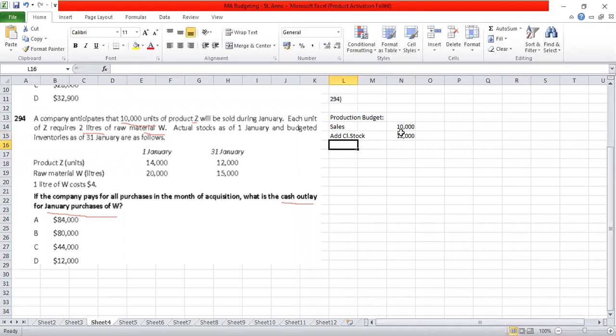So then add it together. We have 22,000. From this 22,000, less the opening stock, minus opening stock. So opening stock is how much? 14,000. Okay, so this is the number of units to be produced.